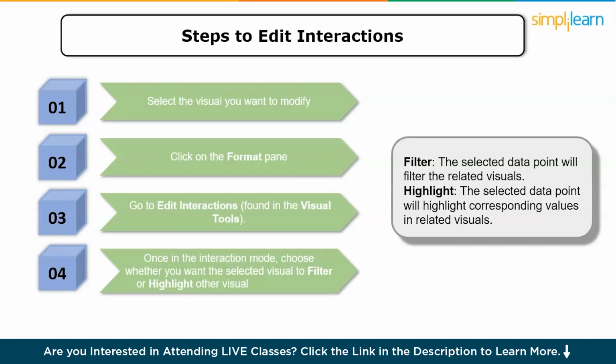Once the interaction mode is on, we have to first select the chart, and then we can select whether we want other charts to get filtered by the selection or to highlight, or we do not want it to interact. This interaction mode will also be available even for the cards that we add. We can add this interaction for the slicers too, not only charts.